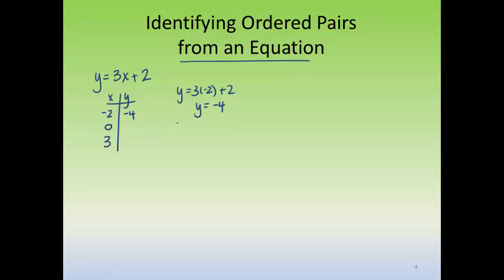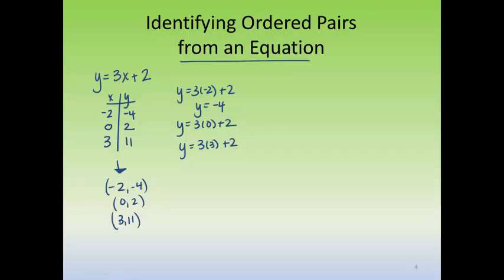If I substitute in the 0, I would have 3 times 0 plus 2, and that would be 2. And then I would put in the 3, for example, plus 2, that's 9, 10, 11. So my ordered pairs that I have found are (negative 2, negative 4), (0, 2), and (3, 11).